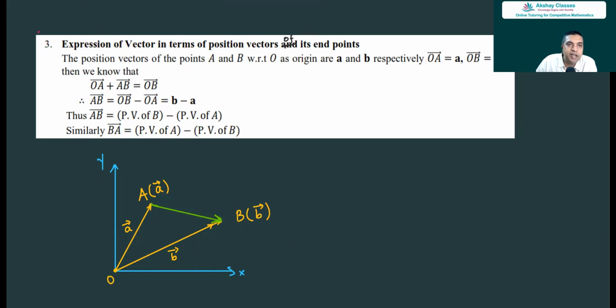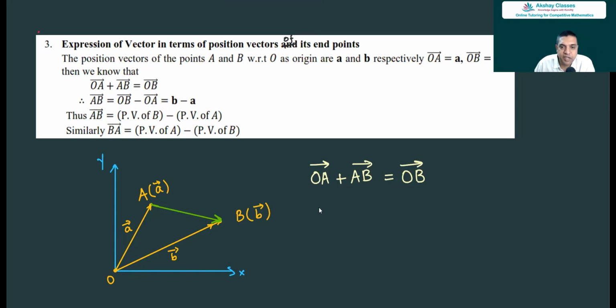Now, what will be AB? Based on the triangular law of addition, OA bar plus AB bar will give me OB bar. This is the triangular law of addition.